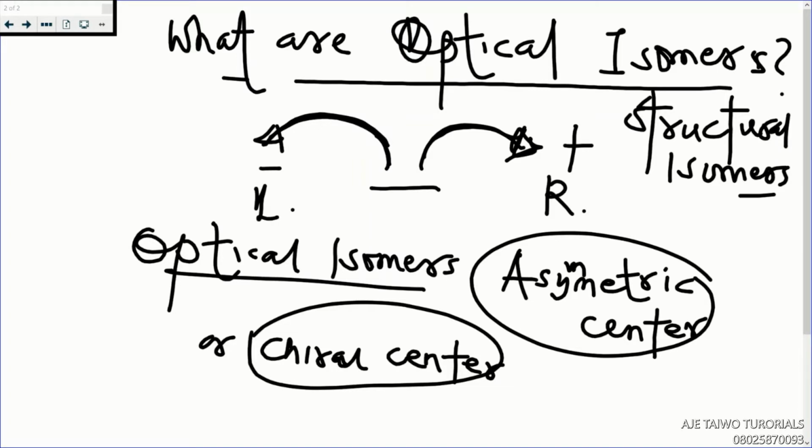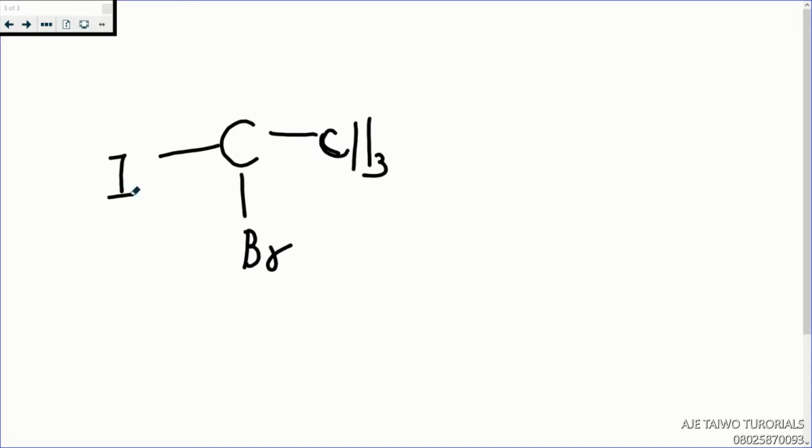What do you call a chiral or asymmetric center? I've told you in the last class that a chiral center is a center like this carbon. If this carbon is a chiral center, it must have four entirely different groups attached to or surrounding it.